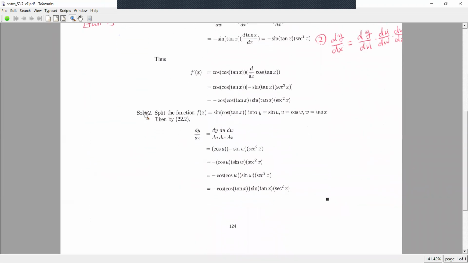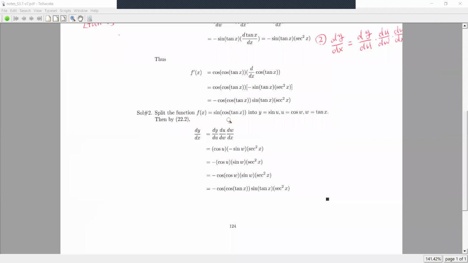I split the given function into y is sine of u. U is cosine of w, and w is tangent of x. If I plug in tangent of x in the w here, then I have cosine of tangent of x. Plug in cosine of tangent of x in the u here, then y is this function.